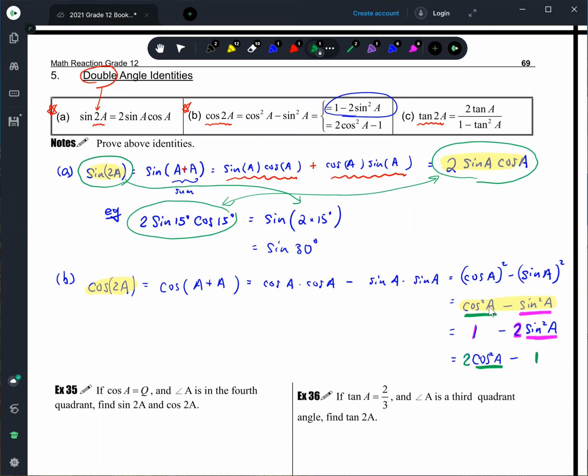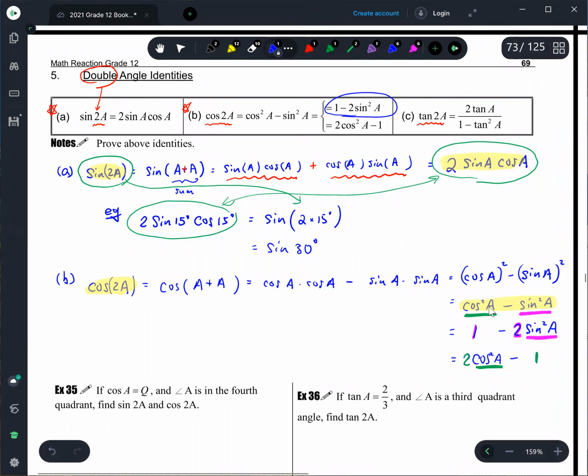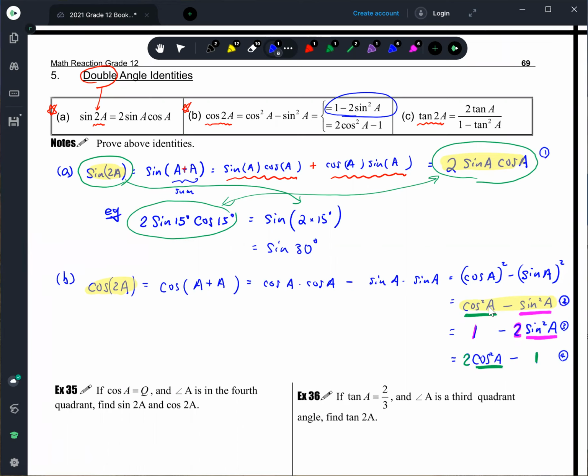So we added 4 identities today: 1, 2, 3, 4. 4 new ones. But they are all based on sum and difference, so they're like half new.